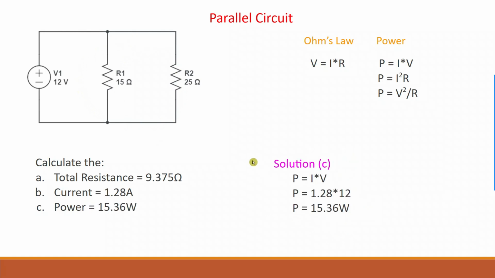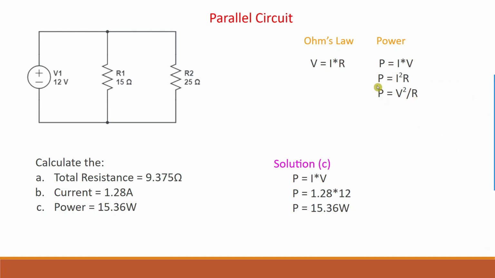Next we'll calculate the total power of this parallel circuit. This is the formula of power, P equal to IV or P equal to I square R or P equal to V square by R. You can pick any one. Right now I am using the first one, P equal to IV.